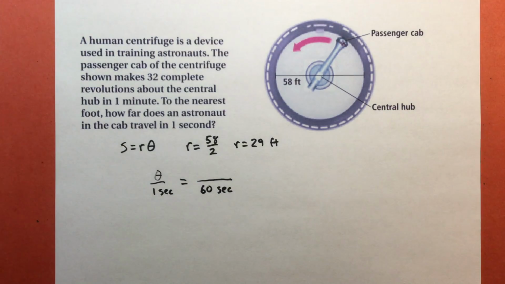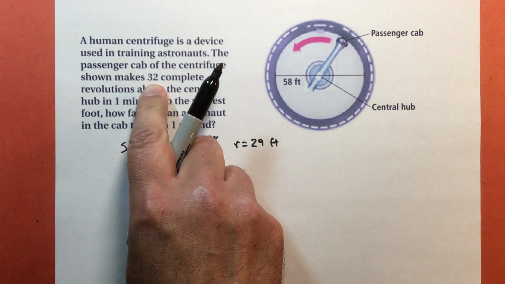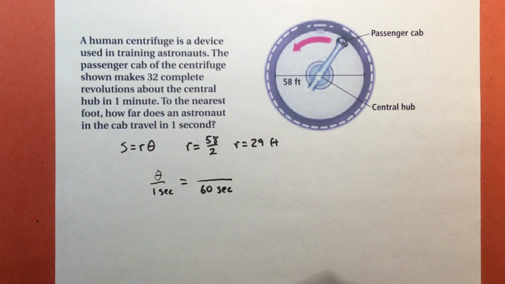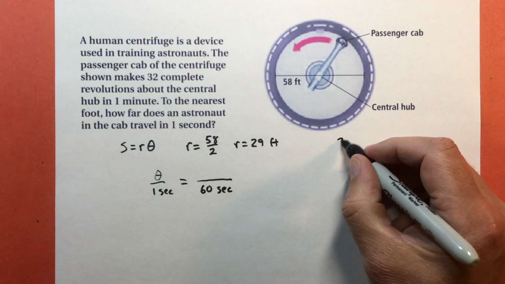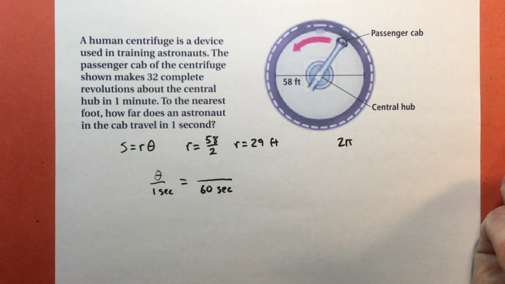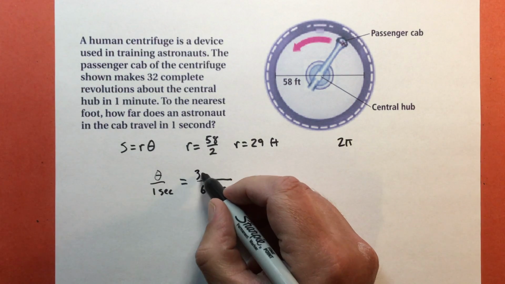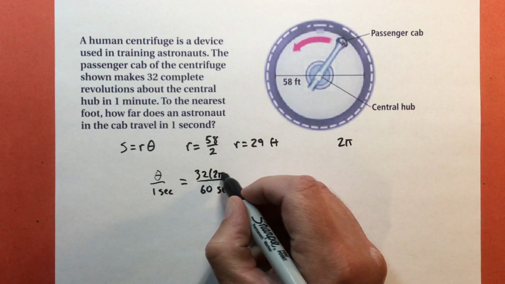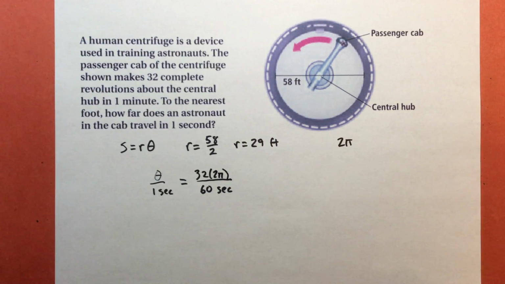Well, I need to figure out what the angle is. It says 32 complete revolutions. In radians, a complete revolution would be 2 pi. That's 360 degrees, but we're in radians, so we use 2 pi. So this is going to be 32 times 2 pi, and of course this will be radians. All right, so that's my proportion.